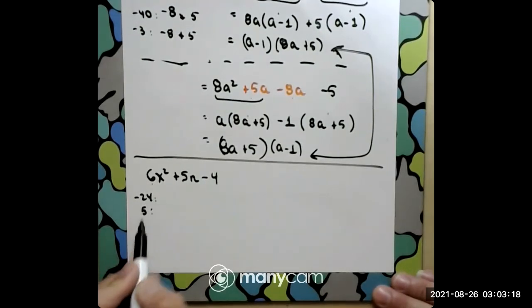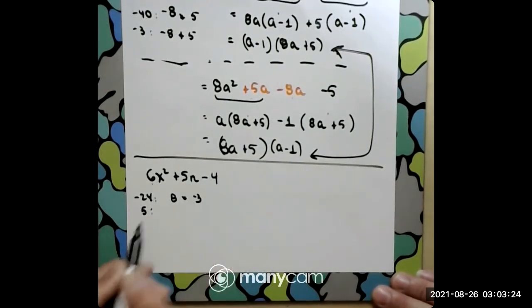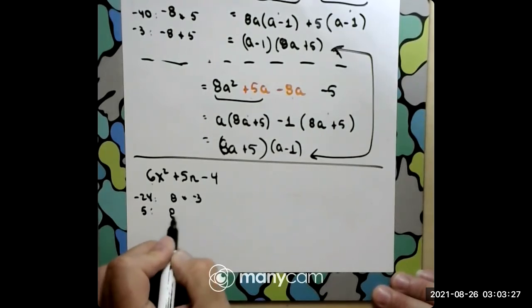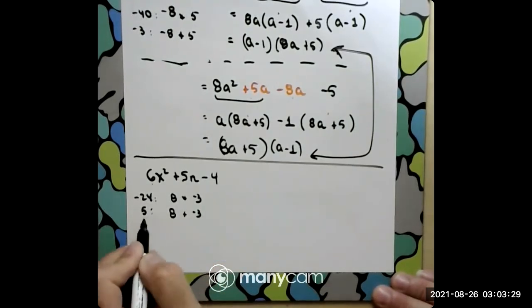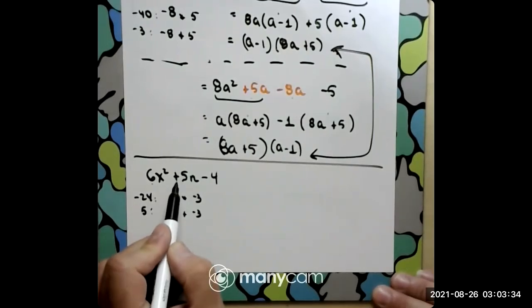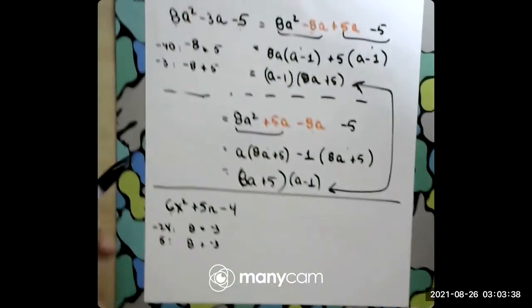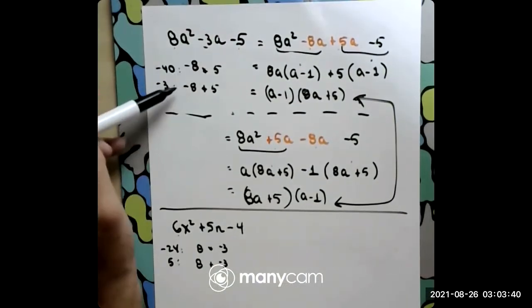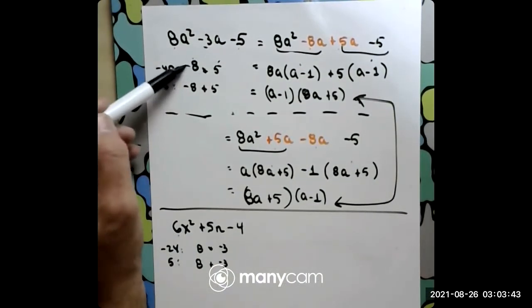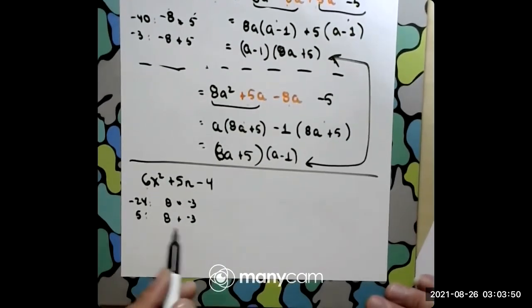Factors of negative 24 that give me positive 5. So perhaps 8 times negative 3 is minus 24, and 8 plus negative 3 would be positive 5. In this case, since my middle term, my second number, was positive, the higher number keeps the positive. In the previous example, b was negative, so between the 8 and the 5, the 8, which was the higher number, carried the negative sign.